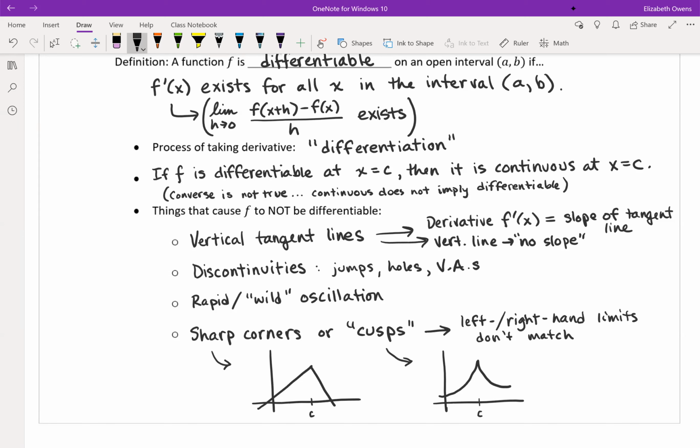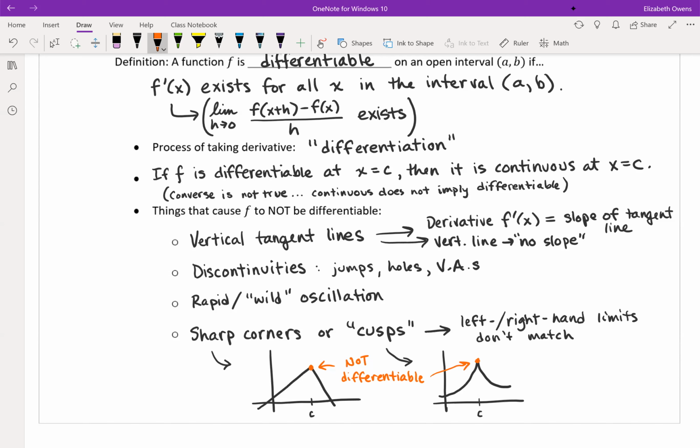Our functions there would not be differentiable at those points, because again, we don't have a resolution of where that tangent line should be, what slope it should have.